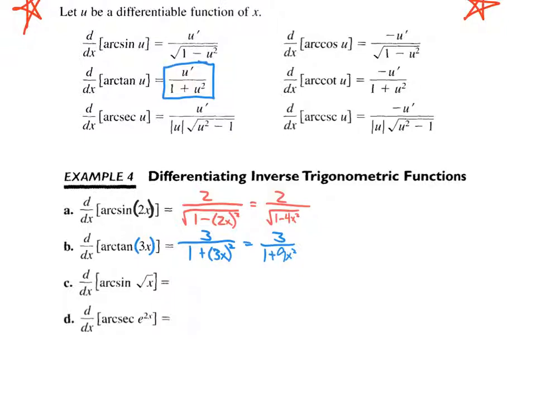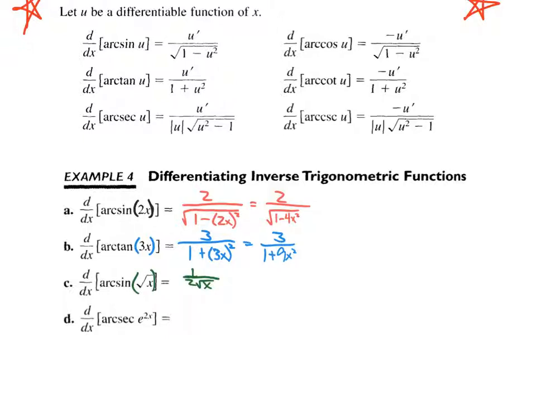Let's do another arc sine. Just working our way through these here. We're using that pattern u prime over radical 1 minus u squared. So u in this case is this radical x. So u prime is 1/2 x to the negative 1/2. So 1 over 2 root x, right?